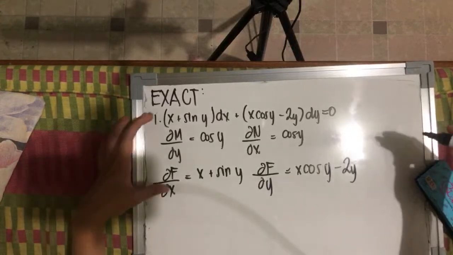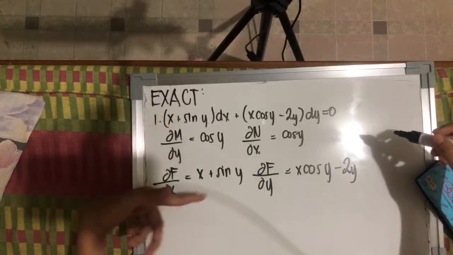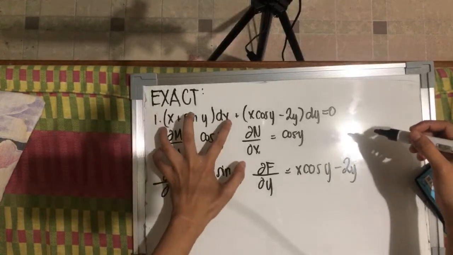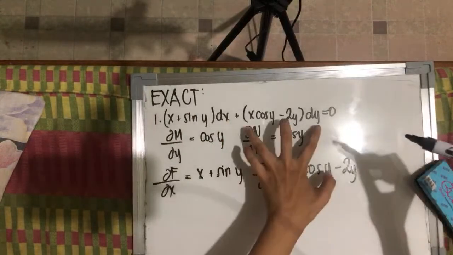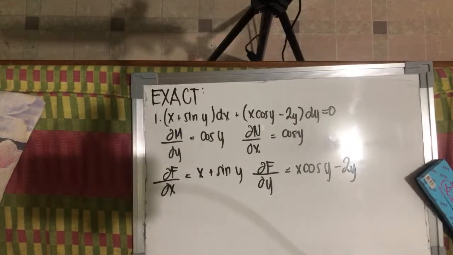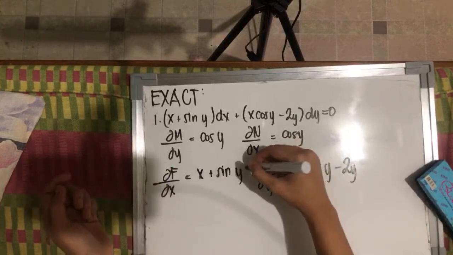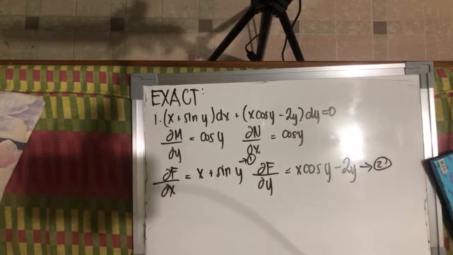Basta laging gano'n yun. Partial derivative of f with respect to x is yung m natin, and partial derivative of f with respect to y naman yung second dito. So, next, pipili lang ako sa dalawang ito. So, ito si equation 1, ito equation 2.